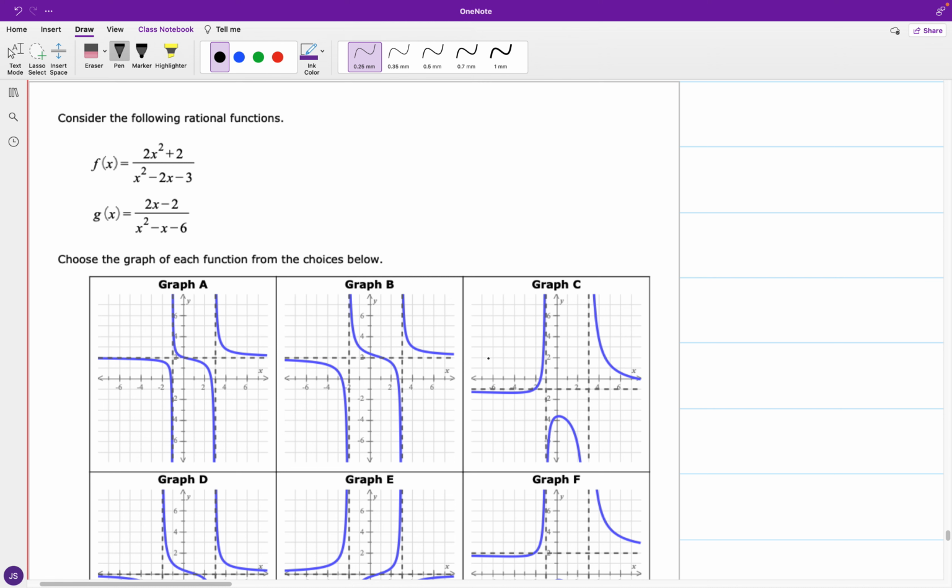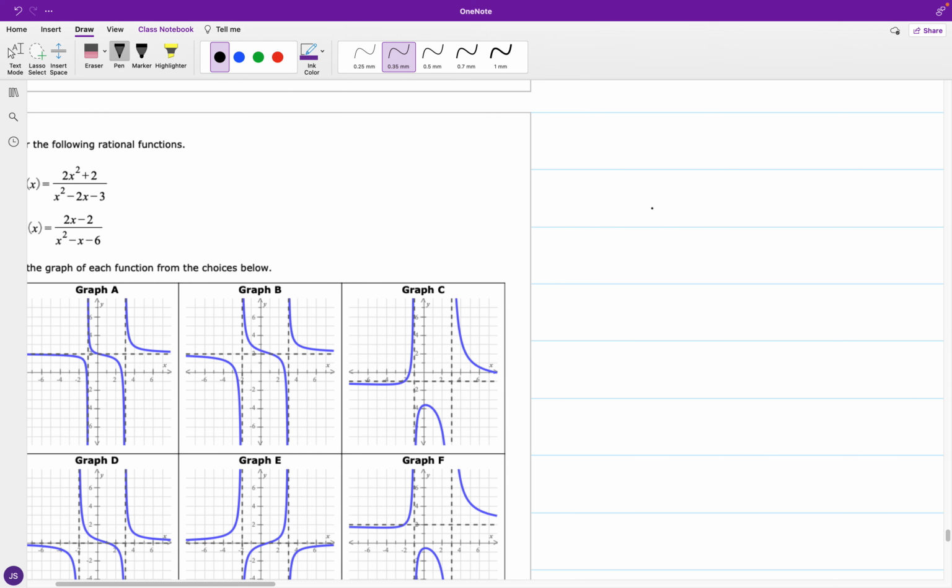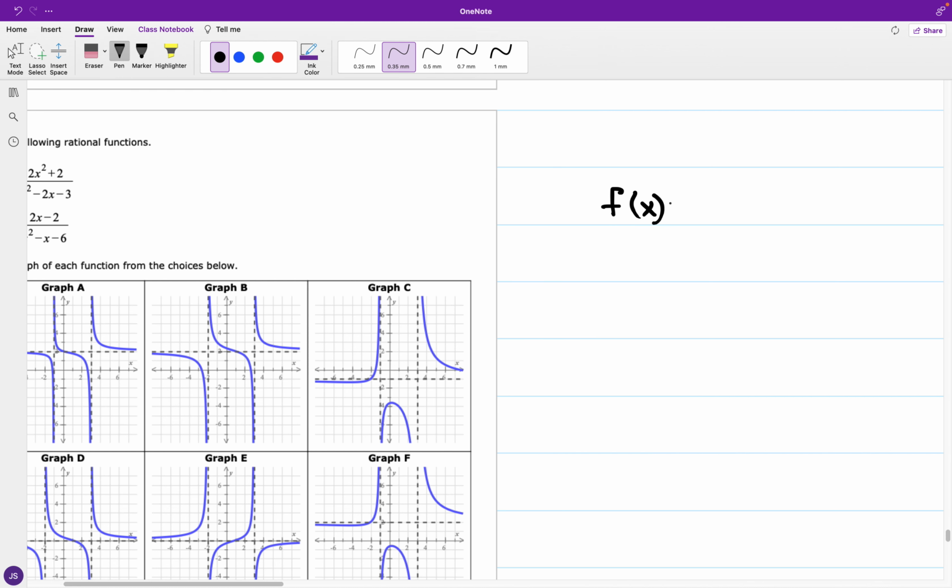Now for the remaining set of items, we have for f of x, 2x squared plus 2 all over x squared minus 2x minus 3.